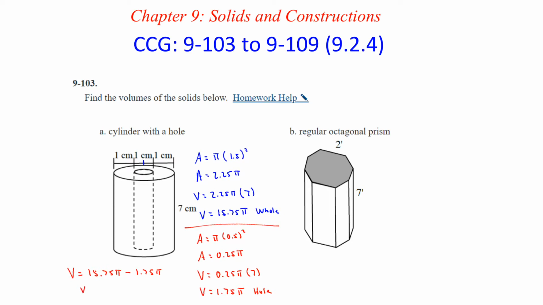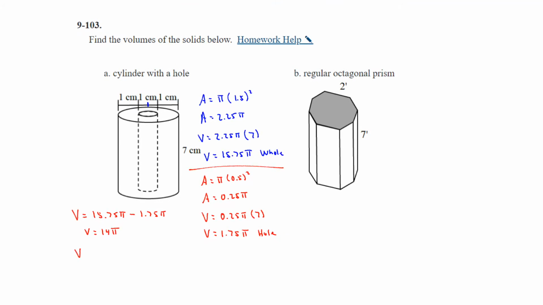And then since we left them in terms of pi, now we can subtract them to get 14 pi, and that would be our exact answer, and then we can plug that in the calculator and see what it approximates to. And then we will get a value of approximately 43.98. So 43.98, and this is measured in centimeters cubed.